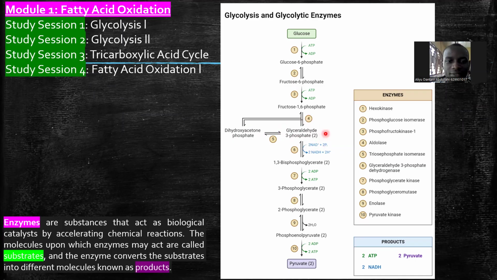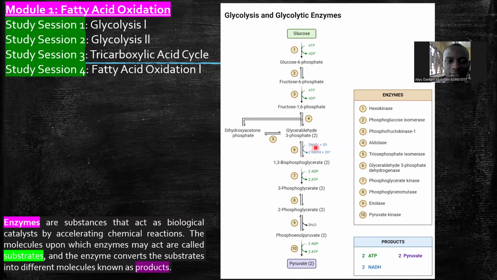All right. Now, glyceraldehyde 3-phosphate dehydrogenase is going to convert glyceraldehyde 3-phosphate to 1,3-bisphosphoglycerate. This is an oxidation reaction, and we need a coenzyme. Coenzymes are organic compounds in the cell that are needed by enzymes to catalyze their reactions. So this coenzyme needed by this enzyme is NAD+.